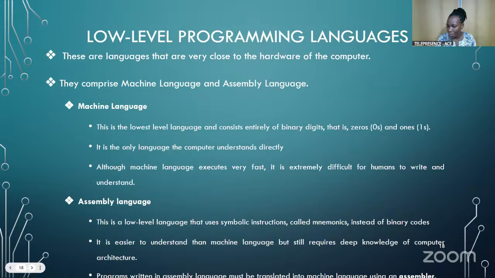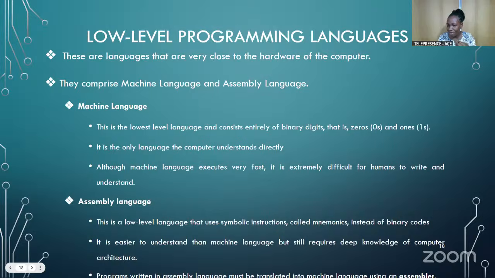If you are switching on a computer, pressing that button is translated to a series of zeros and ones to activate a particular function in the system. Machine language is the only language that the computer understands directly without any form of translation. It is executed very fast, but it's difficult for humans to understand.